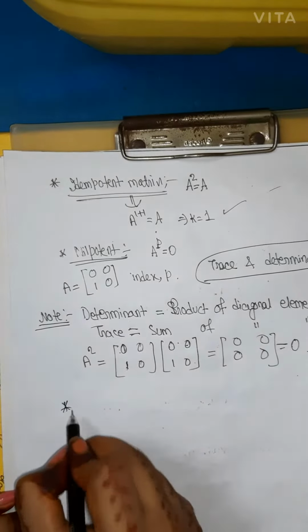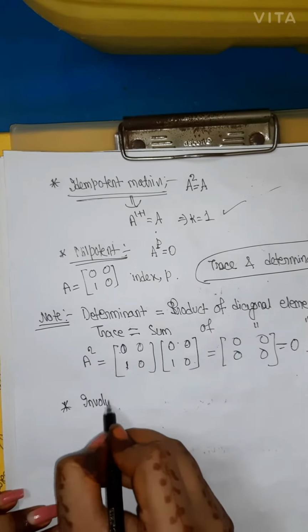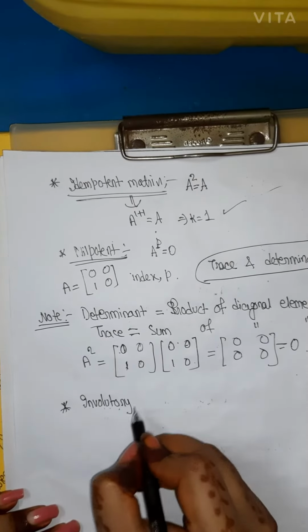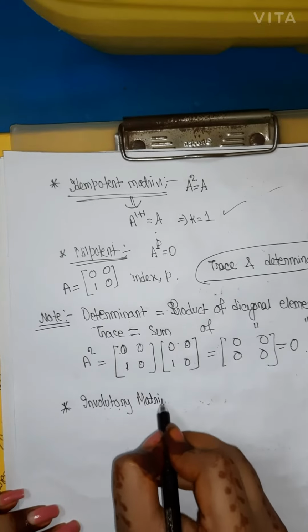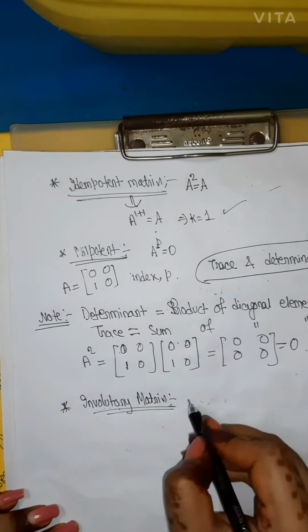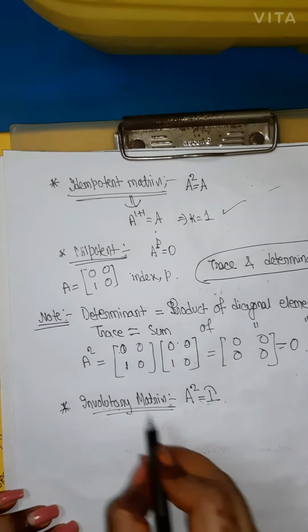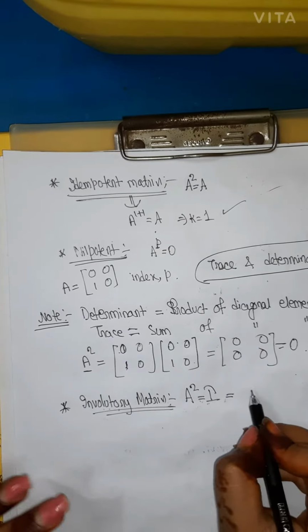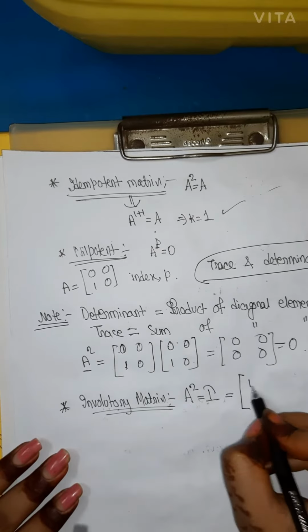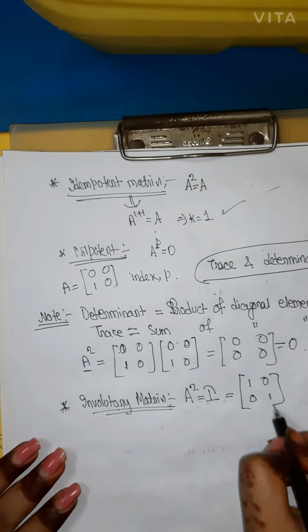Now let us discuss involutory matrix. Involutory matrix, not involuntary, sorry for that. It will have A square equal to I, that is, for a 2 cross 2 matrix we will have an identity matrix.